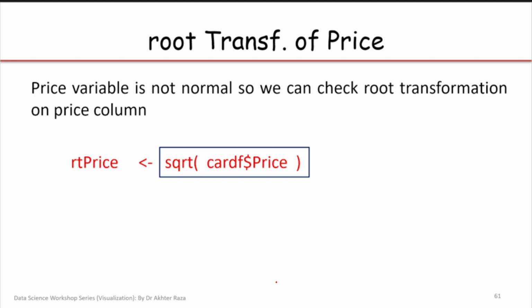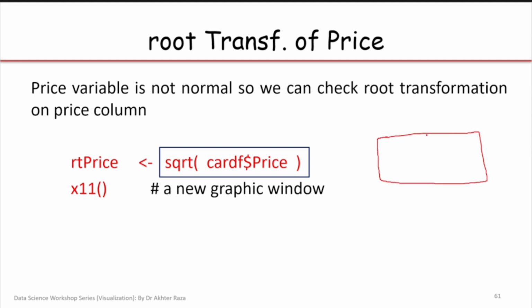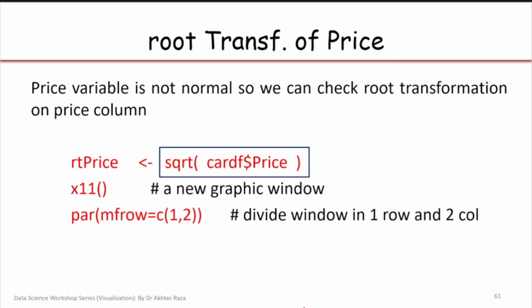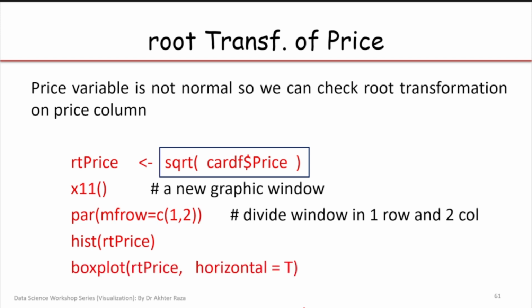Then in X11, a new window is generated, and in the new window I want to split two graphs. One is the graph of the actual data of prices, and in the second I want to draw the graph of the root price, that is, price after taking the square root. These two graphs are generated by the next two commands, the histogram of root price and the box plot of root price.